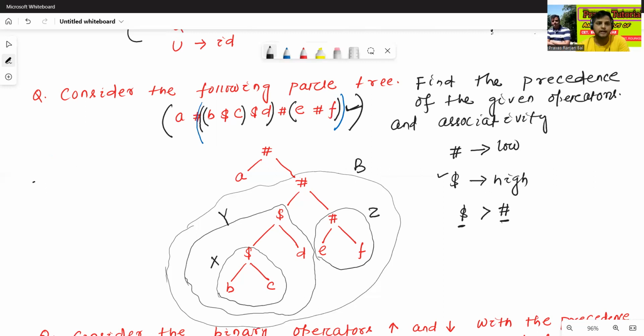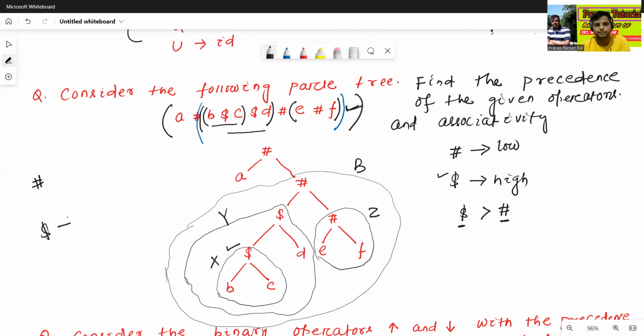So here there are two operators, hash and dollar. Dollar moves from left to right: first we'll evaluate B to C, then we'll evaluate this part.